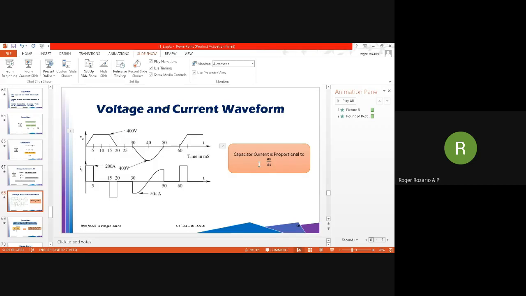This is the differential circuit element equation. So the current, the second waveform, is directly proportional to dV by dt, and the proportionality constant is C.